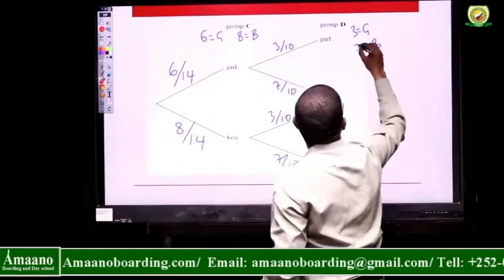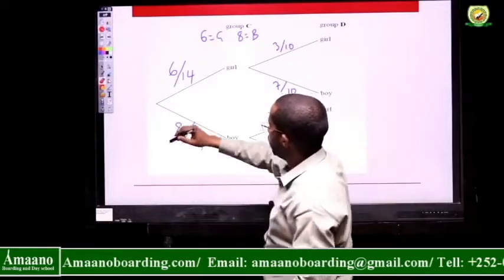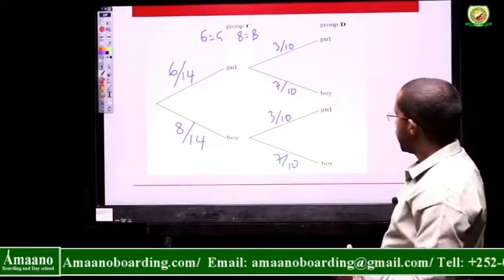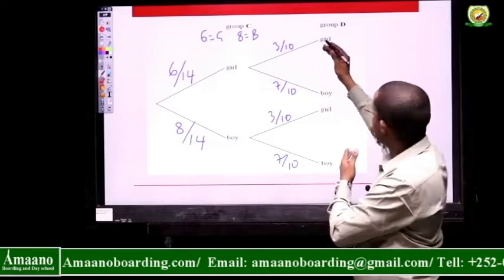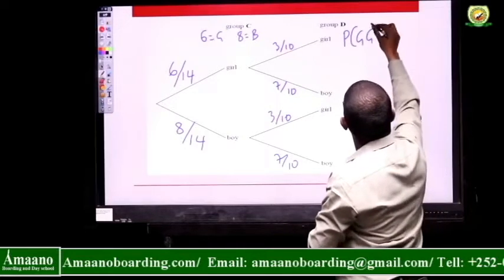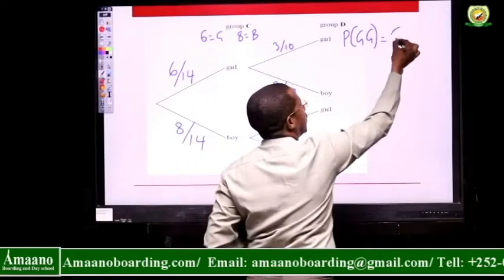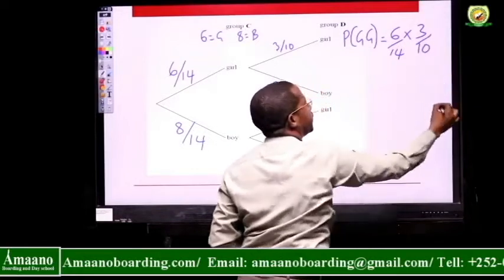Let me first erase this. Okay. Now, what is the probability of getting a girl and a girl? Probability of G and G. So you multiply this 6 over 14 times 3 over 10.